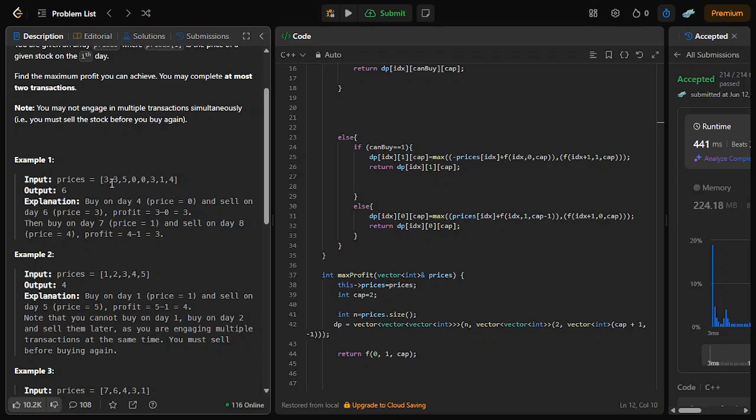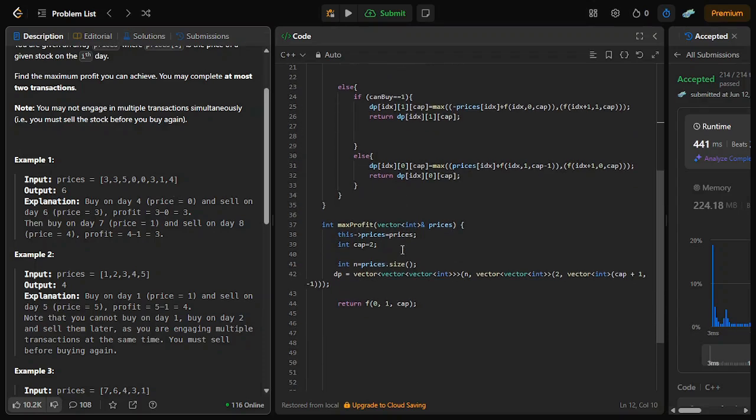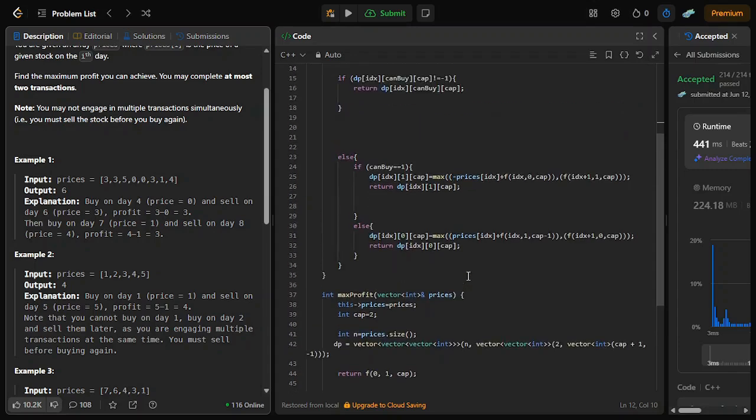Okay, so to put that in DP terms, we are going to check all of the transactions we can do after the 0th index, the 0th day, which basically means the entire time frame, and we can buy at the starting of the time frame, and we are allowed to do a maximum of 2 transactions, right? So this is our objective. You have to have a clear idea of the objective that you are trying to pursue.